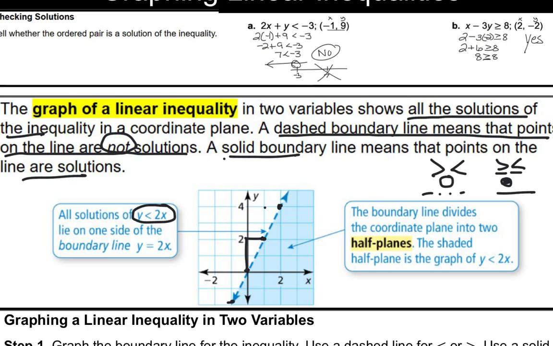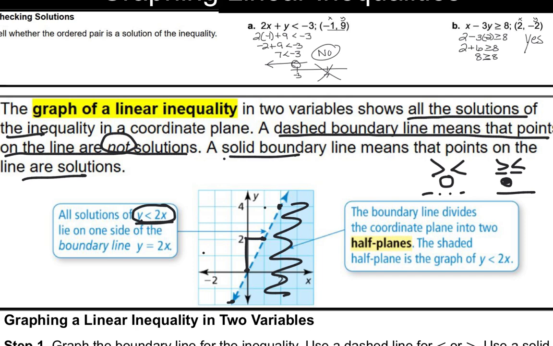So now we have to determine which side of the graph of the line has my solutions. Well, it says that y is less than, so that's going to be underneath the graph, okay?